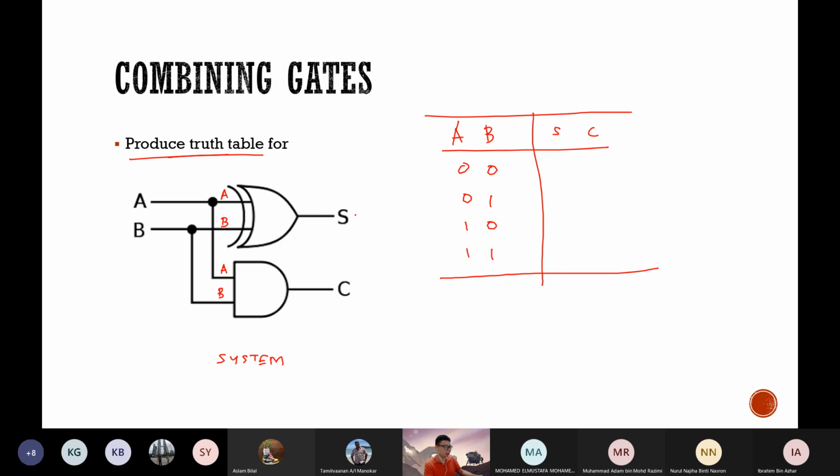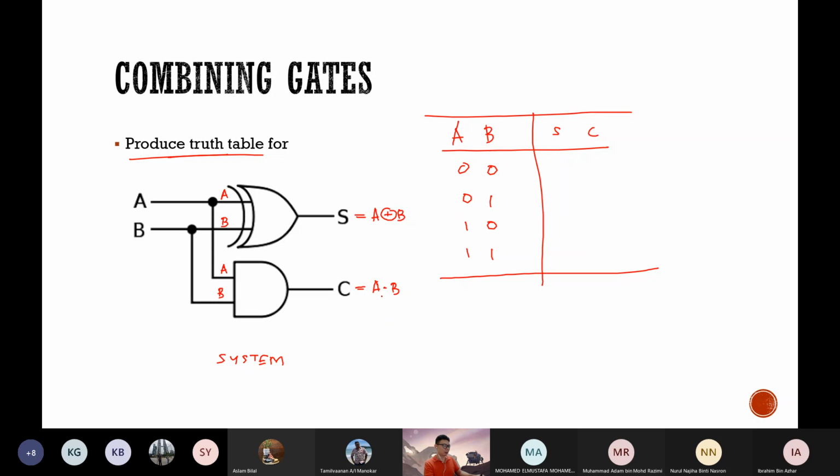So the output S is, I'm gonna write this equation over here, A XOR B. Okay, so the output carry C is just A multiplied with B.